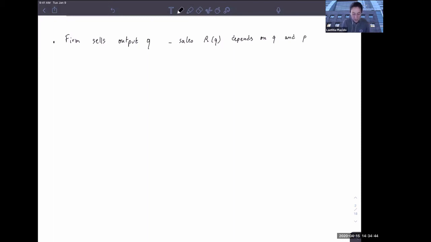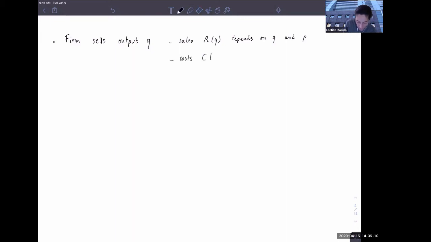All right, so the firm gets some revenue from its sales. On the other hand, the firm must produce a good, and to produce that good, it incurs costs. We are going to call the total cost, sometimes TC, but let's call it C here.